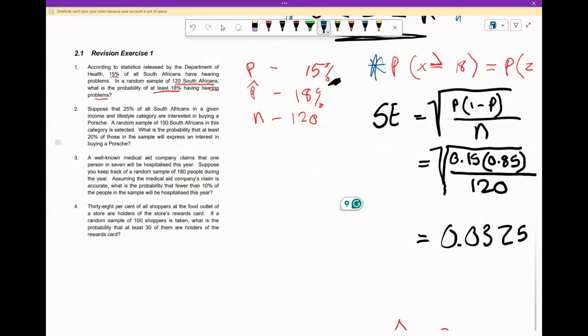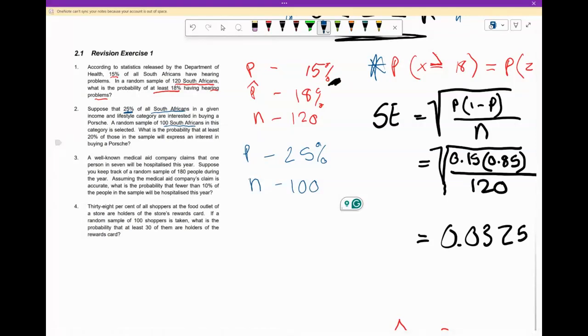So here, suppose that 25% of all South Africans in a given income and lifestyle category are interested in buying a Porsche. Can you see already we've got our P, which is 25%. Then a random sample of 100 South Africans, we've got our N now, which is 100 South Africans, in this category is selected.